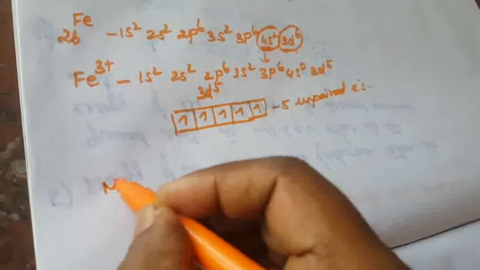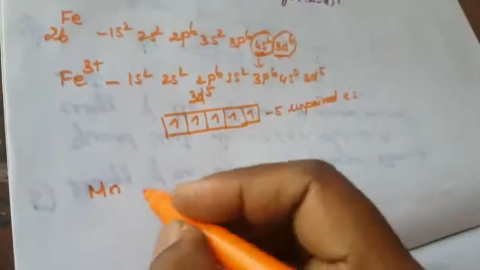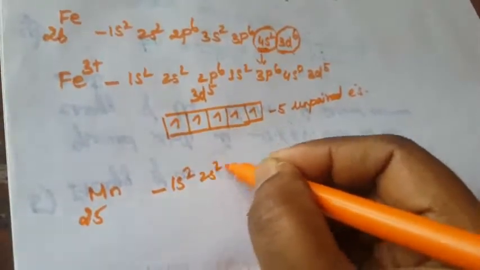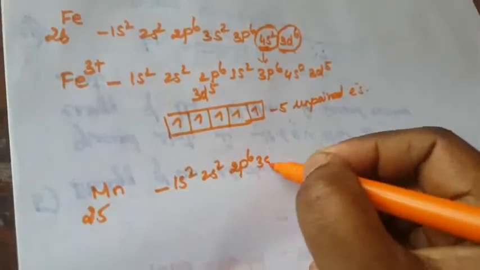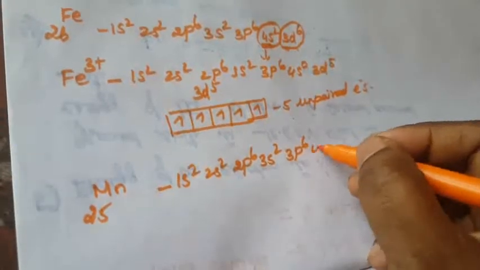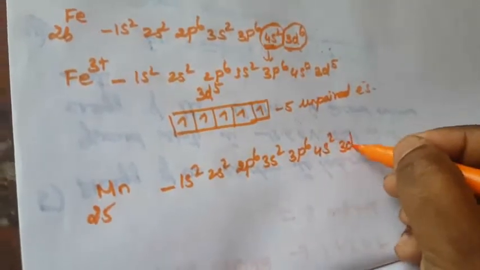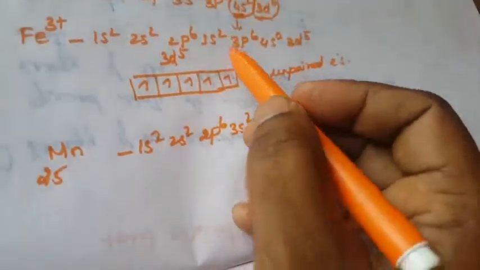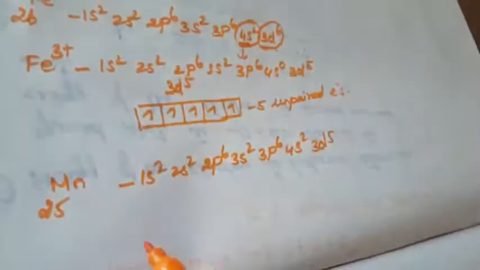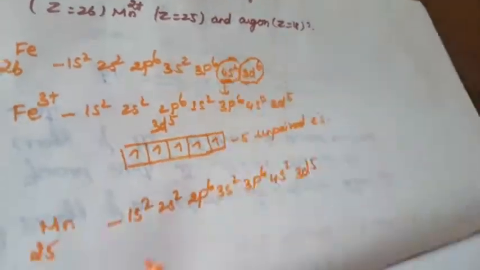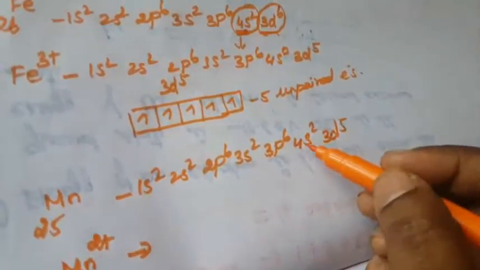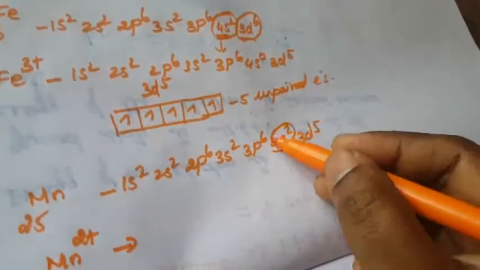Second one, Mn. Mn atomic number, what are they giving? That is 25. 1s2, 2s2, 2p6, 3s2, 3p6, 4s2, 3d5. So 20 is over, then 3d5. Okay, so Mn2+. What is the electronic configuration? 2 electrons are removed from the 4s orbital.